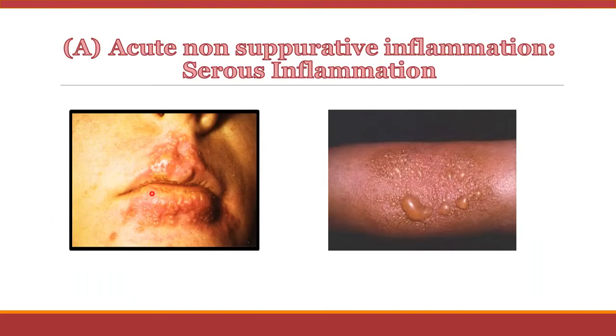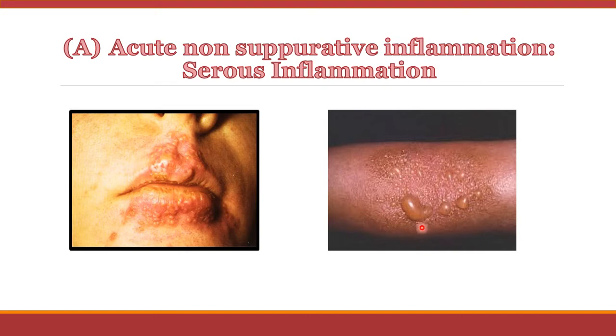This is an example of serous inflammation. Again, many of you have seen that. This is herpes virus. Sometimes we have these vesicles around the corners of our lips or even the undersurface of the lips, like here or over the upper lip. This is herpes virus infection. These vesicles sometimes are filled with fluid that will rupture at some point.